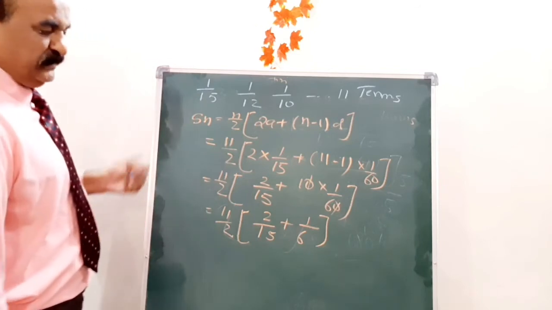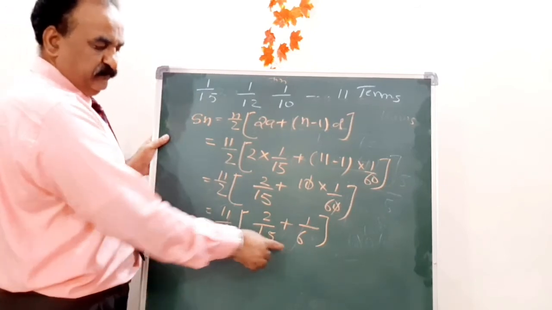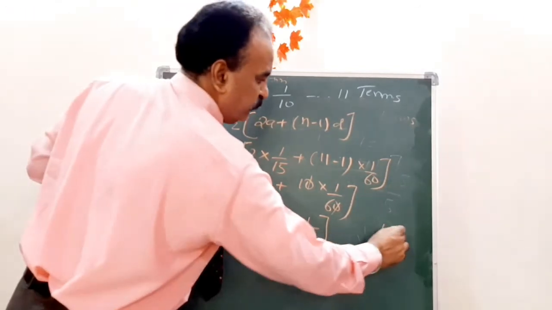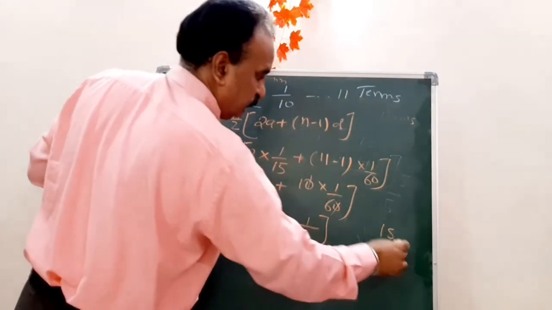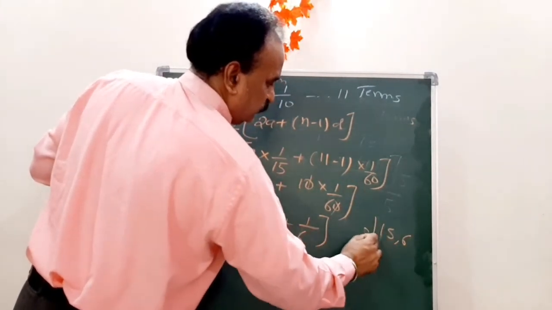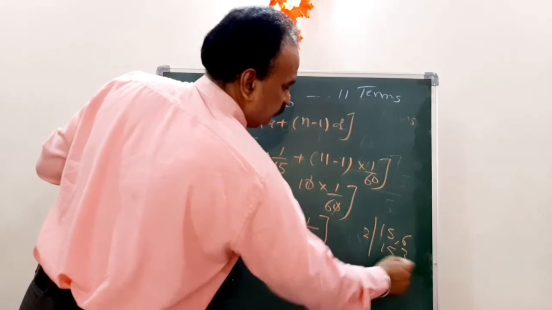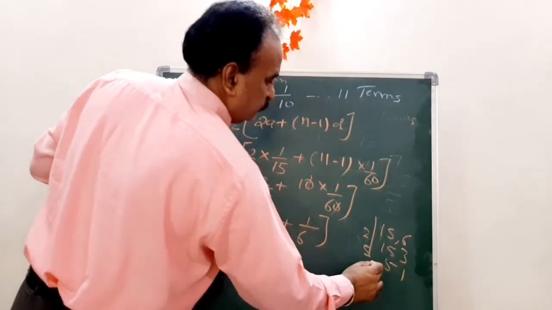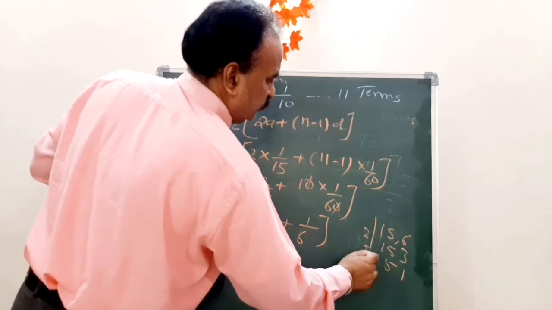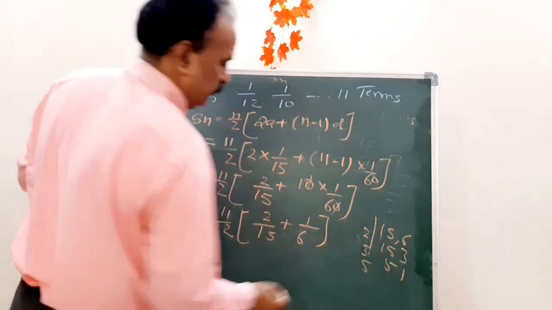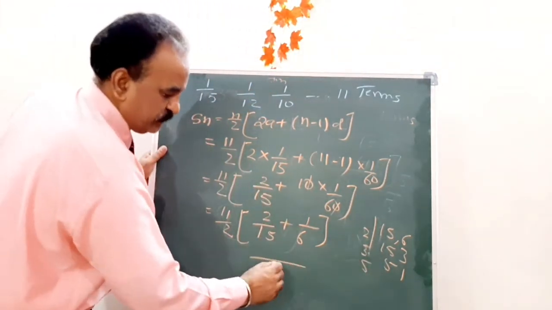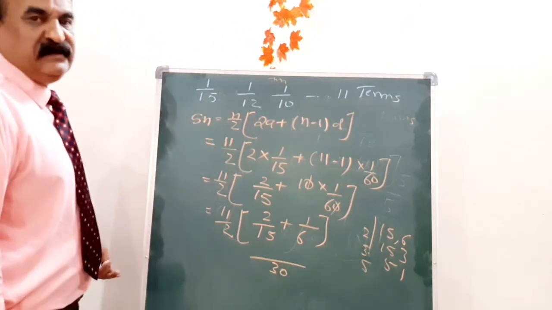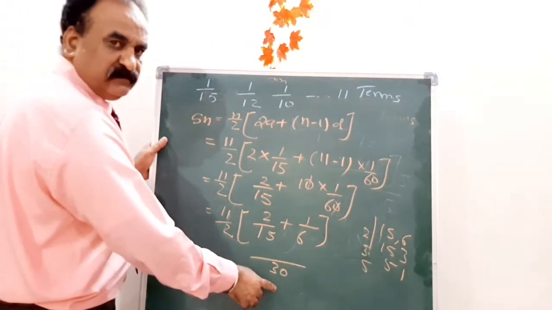Now tell me what will be the LCM? 15 and 6. 2, 15, 3; 3, 5, 1; 3, 5. Now LCM will be 30. LCM is 30.